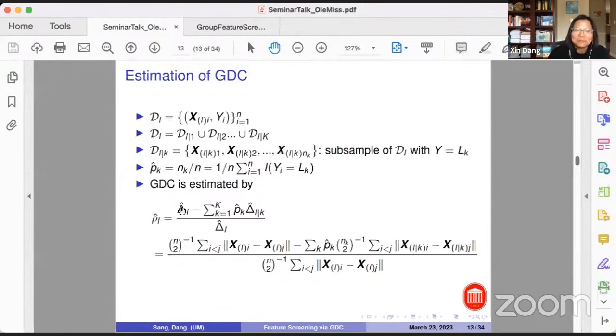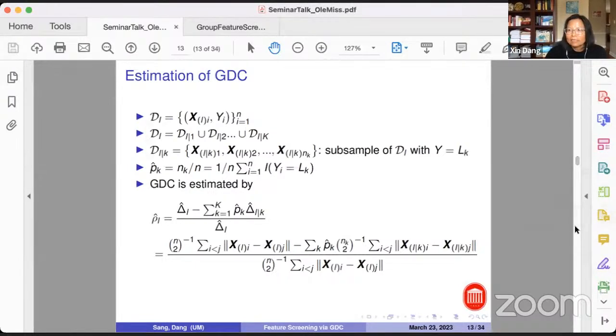So everything you put a hat on gives your estimator, and your delta L is the average. Right now you need two averages, so it is a U-statistic in the overall data, and this is just in the subsample data. So those are U-statistics.